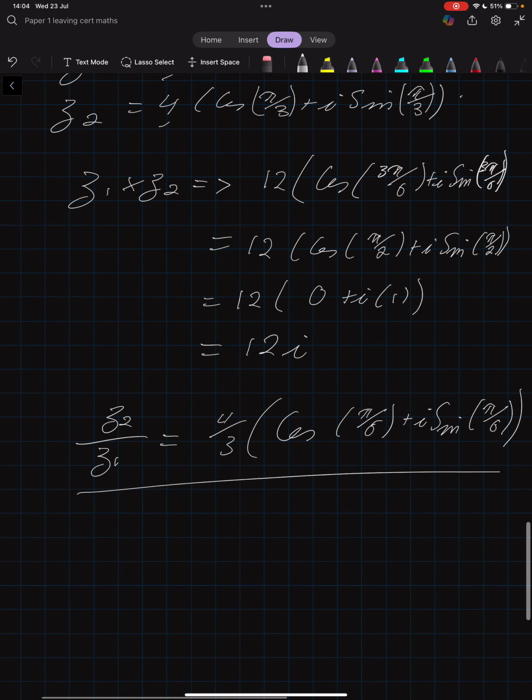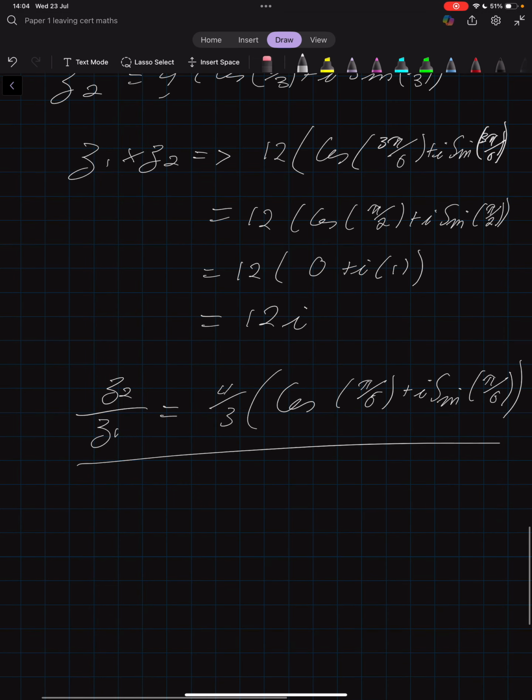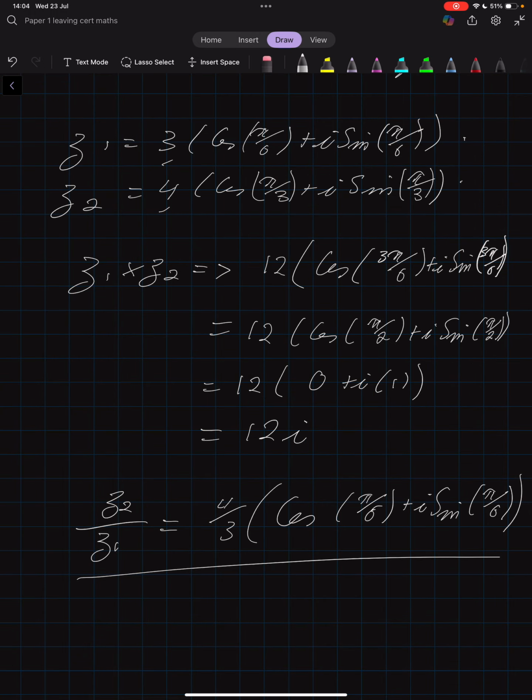Pi over 6 like that. And boom, done. So just in one quick sweep like that, you're completely finished. Okay? So just be careful with that. Okay? And it's a very handy thing to know that if you're multiplying complex numbers, you add their angles, multiply their lengths. If you're dividing complex numbers, you divide their lengths and minus their angles. Okay?